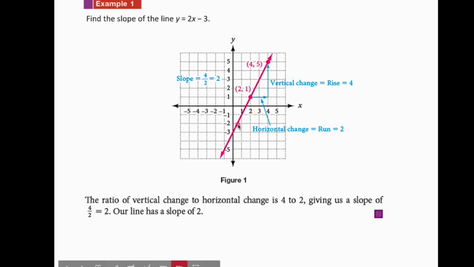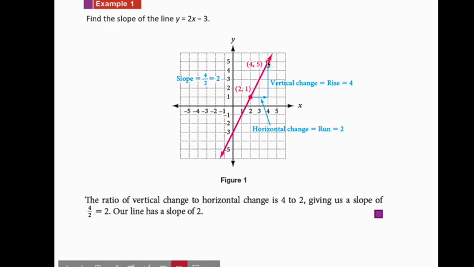For example, if I choose this point right here, I'm not sure if that is exactly 0.5 for my x, or if that's 0.4, or if that's 0.6. It's really hard to tell if it doesn't cross exactly on an intersection of the grid. So to make sure that you get the correct answer, make sure that you pick points where it crosses exactly at an intersection.